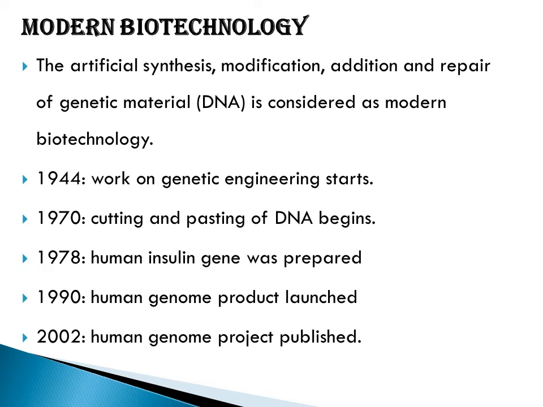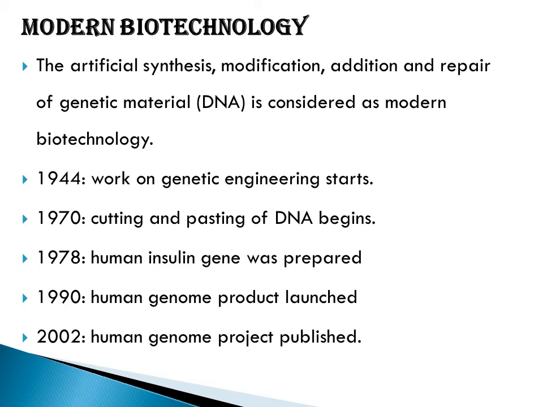Modern biotechnology. Now we will define modern biotechnology, also known as genetic engineering. That is artificial synthesis, modification, addition and repair of the genetic material, that is the DNA. This is considered as modern biotechnology.